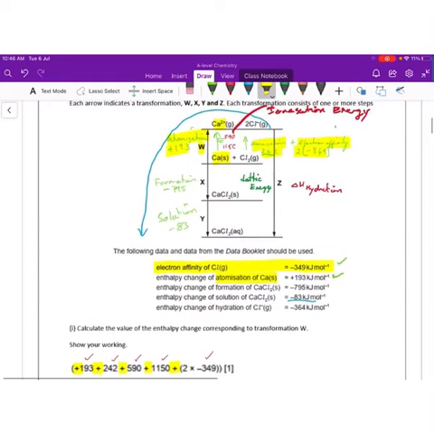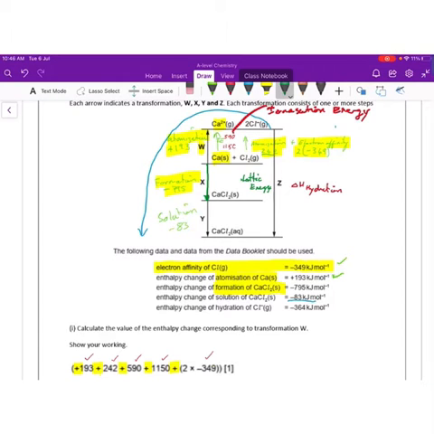Right, okay. Then there's some other information given to me. Enthalpy change of formation. What's my definition? From my elements in standard state to 1 mole of the substance formed. So there's my enthalpy change of formation.